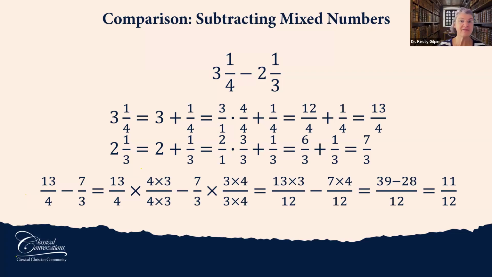You might have a 7-year-old who it just clicks in their brain and they're ready to start asking the questions. Well, what if? What if I did this? And you might have a 16-year-old who is still working through understanding that 3 and 1/4 is 3 plus 1/4.